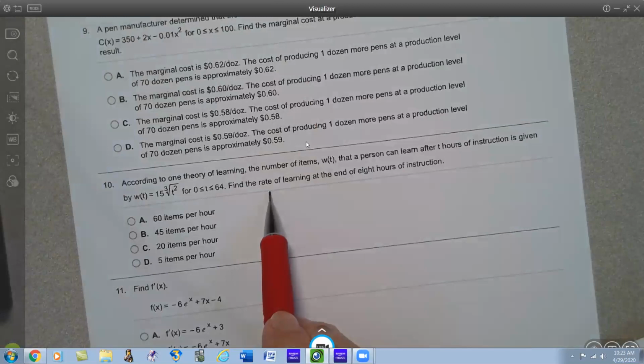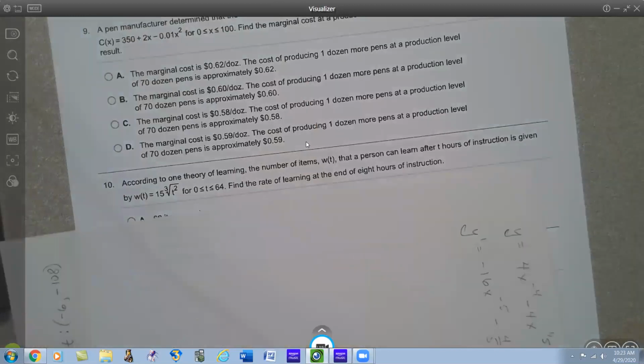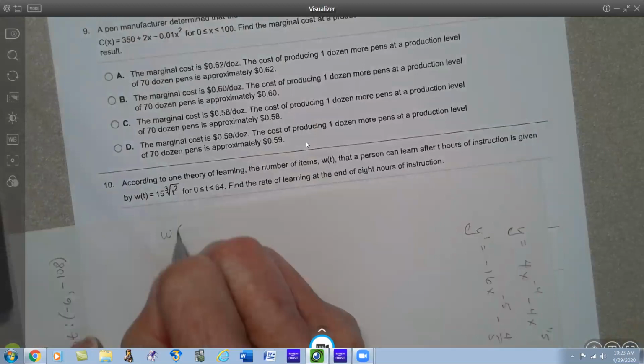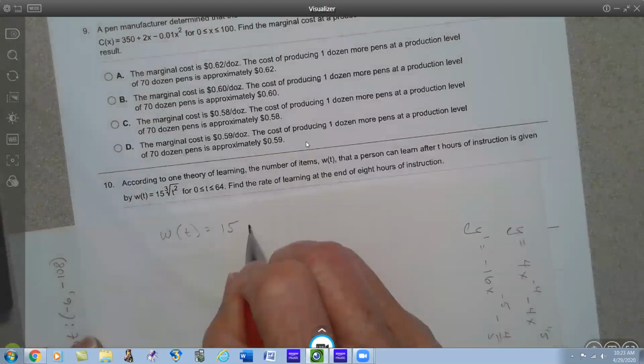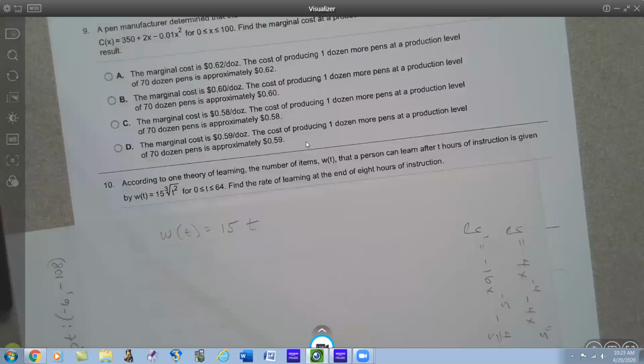But in this particular problem, you've got to be able to rewrite the W of t in the correct form. So that would be 15t to the what? Two-thirds. 2/3.